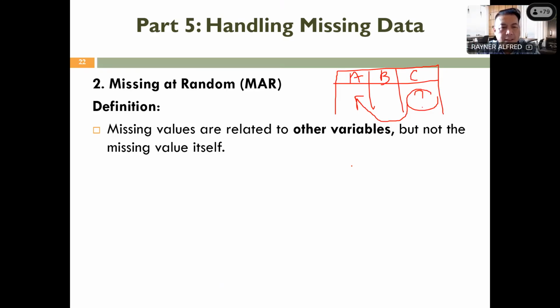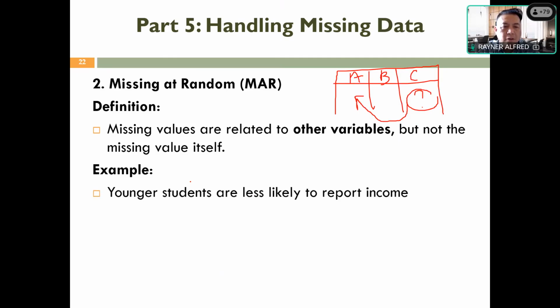For instance, younger students are less likely to report income. So this is the age, this is the income. Maybe if you are just graduated, you don't want to display your income because you are a fresh graduate.